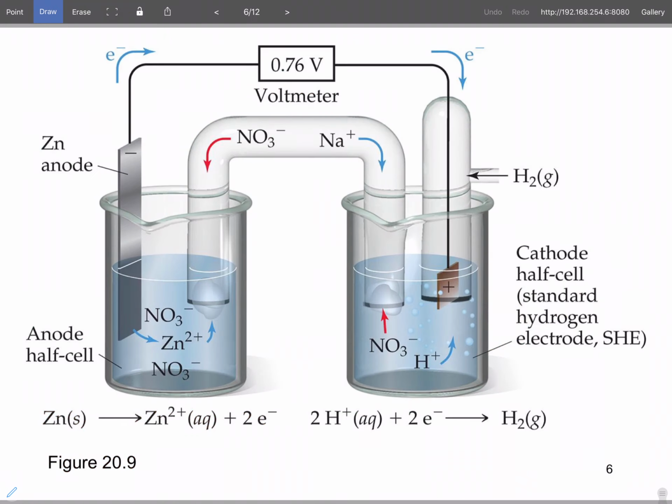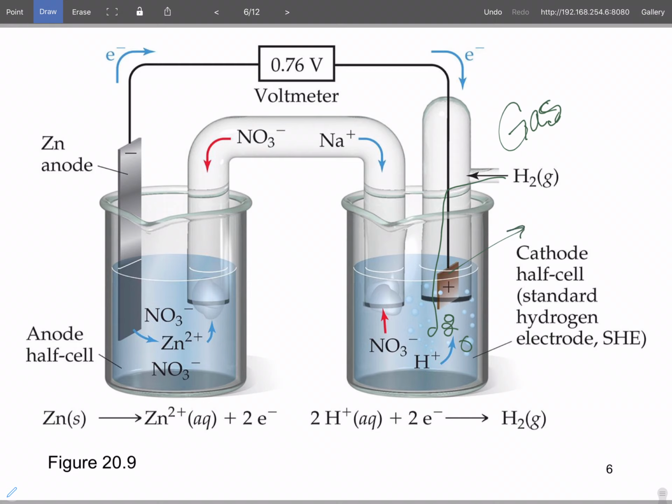So if you're dealing with two electrodes, one of which involves a gas, you'll notice you're going to have the gas coming in and bubbling. That's where all the bubbles are.